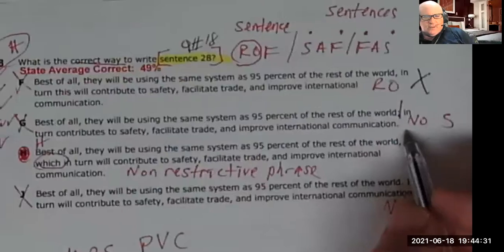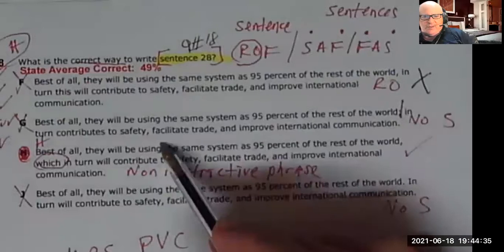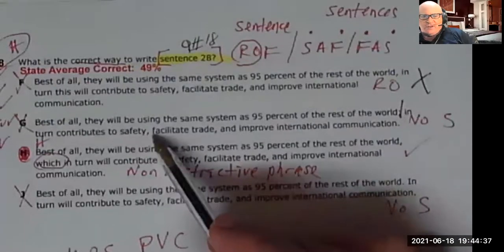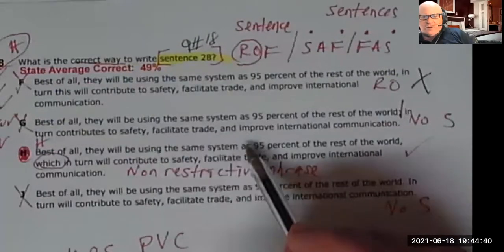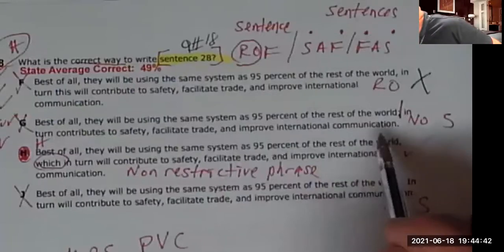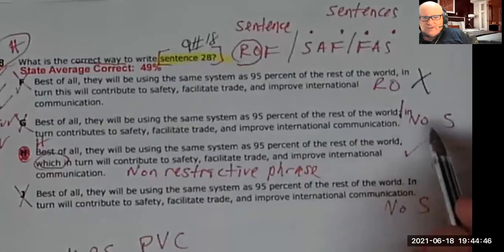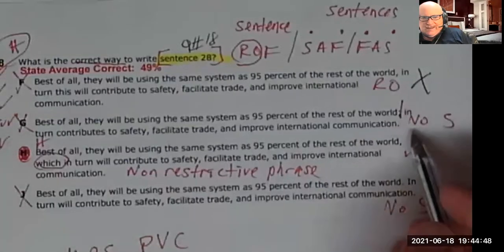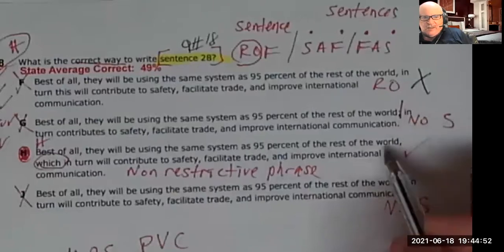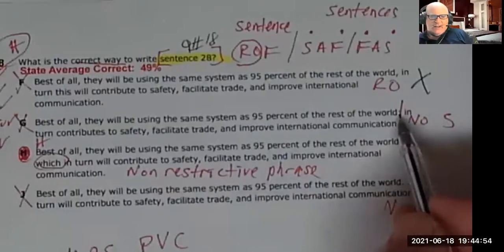In turn, contributes to safety, comma, facilitate trade, comma, and improve international communication. Because that second part has no subject and it's still a run-on because of the comma that's there, we can't pick that answer.